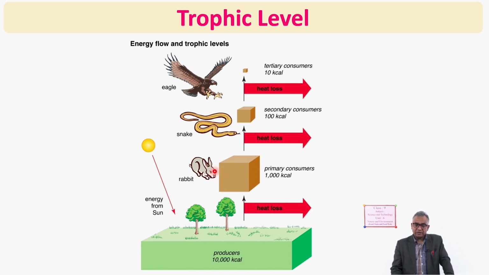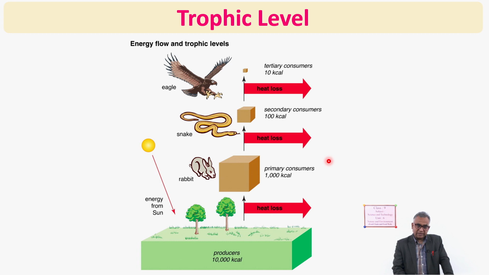So in this way, second trophic level, third trophic level, and fourth trophic level. You can say producers are in the first trophic level, herbivores are in the second trophic level, then carnivores, which are not top consumers, they are third trophic level organisms, and top consumers are the fourth trophic level. If there is any other also at the top, then it will be fourth and another will be fifth, it doesn't matter, but usually we use up to tertiary consumer.